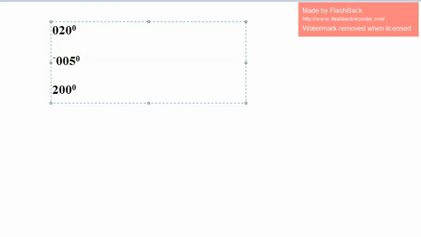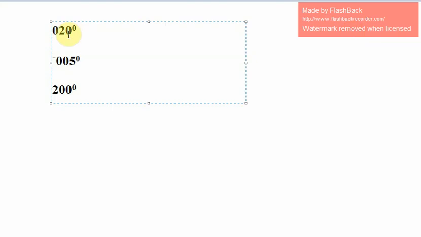Three digits. This implies when the required angle is given and it is not up to three digits, we precede that particular angle with leading zeros, two leading zeros or one leading zero.